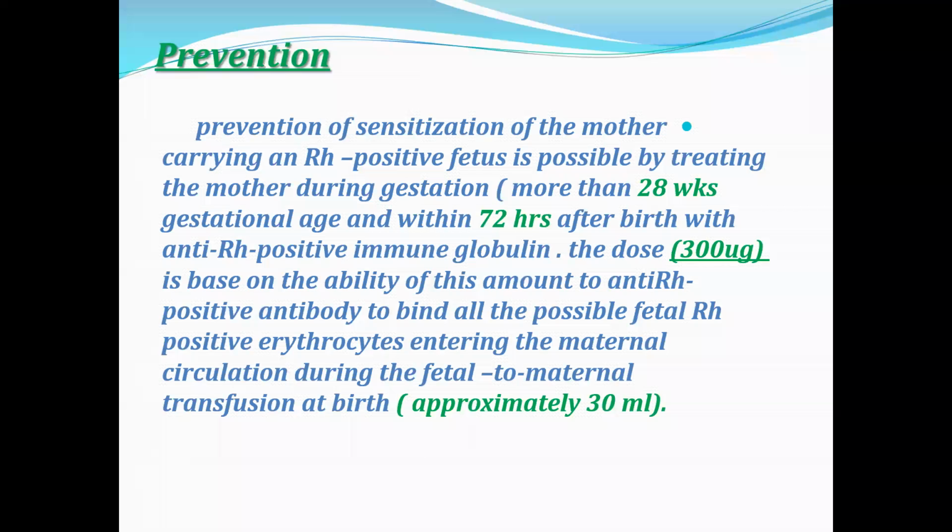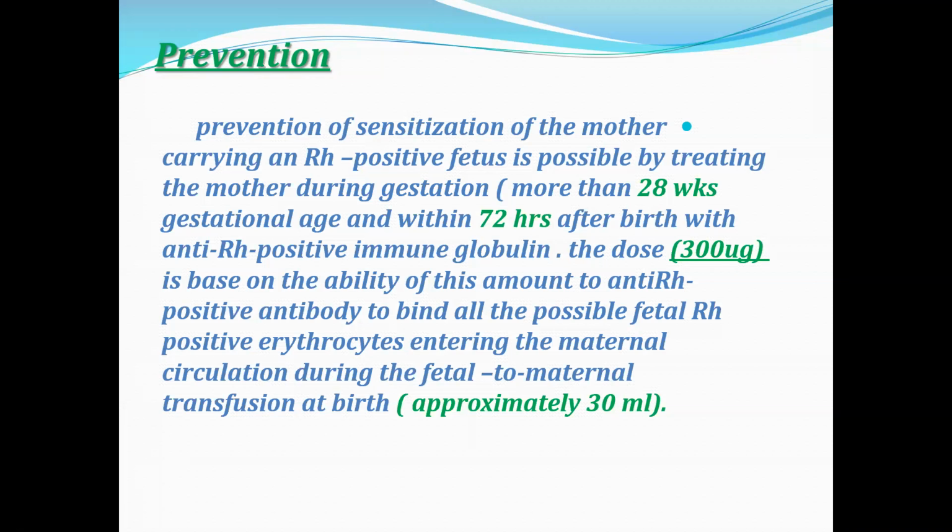So, anti-D immunoglobulin in a dose of 300 microgram is based on the ability of this amount of anti-RH positive antibody to bind all the possible fetal RH positive erythrocytes entering the maternal circulation during the fetal to maternal transfusion at birth.